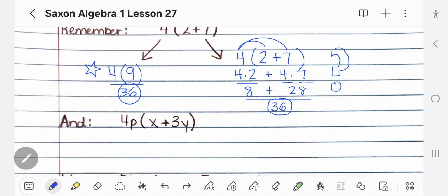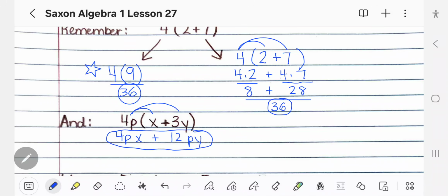So we have to be able to do it with the distributive property. So let's distribute that. So we would have the 4p times the x plus the 4p times the 3y. So the 4 times the 3 would be 12, and then p times y is py.